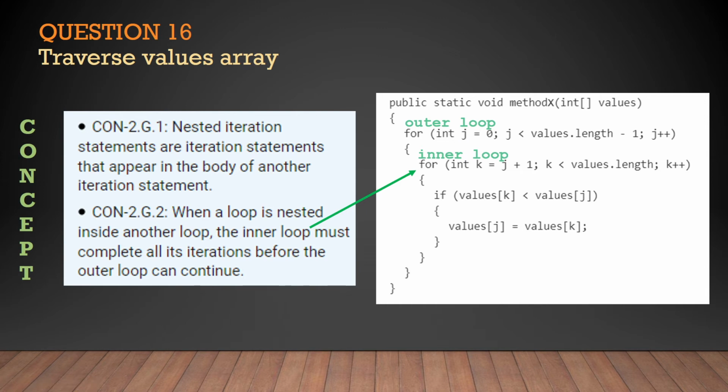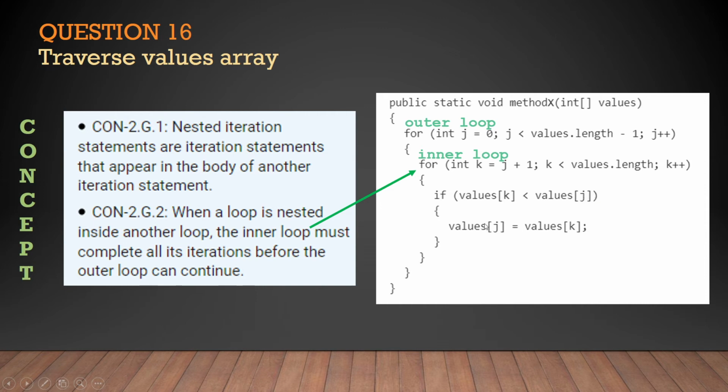And you notice how k always starts from j plus 1. So it's basically comparing the value and the value greater than it. So for each item in the array, it's going to check all of the items that are coming next to it. It runs through the array and checks, is the value less than the original value?